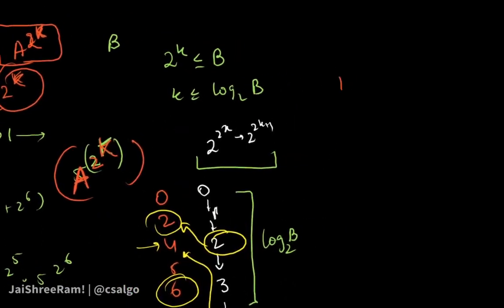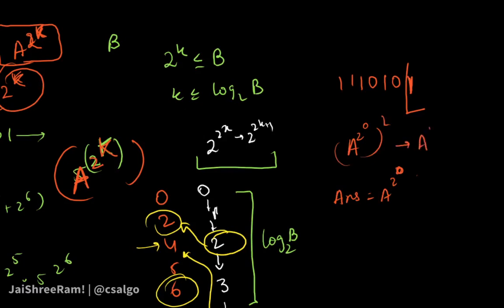So we can maintain this binary form, and this 1 at the end means that you need this value. So let's suppose you have a, okay, a to the power 2 to the power 0, that is a to the power 1, okay? So this 1 over here means that you need this value, okay? So there is an answer, you multiply it with a to the power 2 to the power 0, okay? Then you square this, so that gets to a to the power 2 to the power 1, okay?